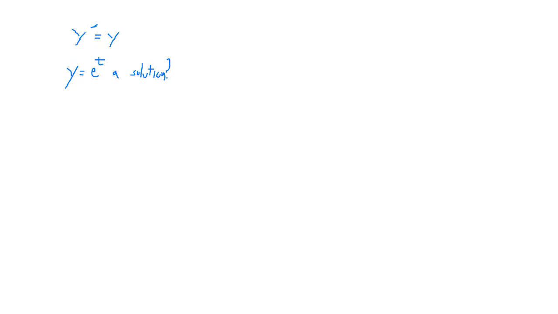All you need to do to check that is take the derivative of y. The derivative of y is just d/dt of e to the t, because we're saying y equals e to the t. That equals e to the t, and that is equal to y.